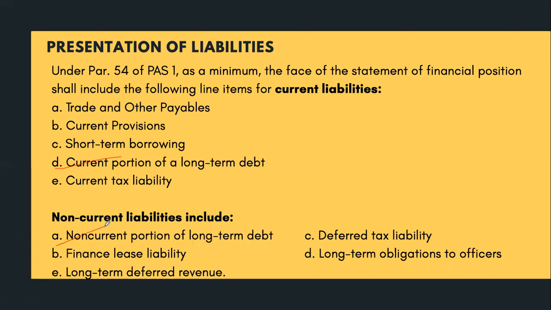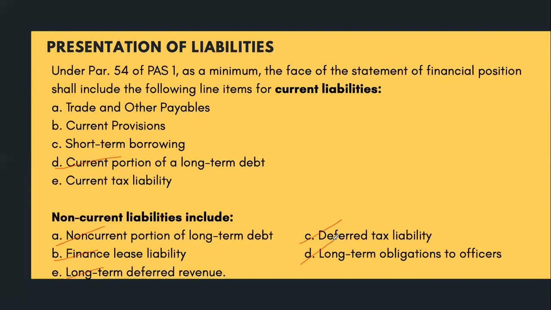For example, serial bonds: we pay principal every year. Therefore, the principal that will fall due within 12 months is the current portion. But what goes beyond 12 months is the non-current portion. Then finance lease liability, long-term deferred revenue, deferred tax liability, long-term obligations to officers.